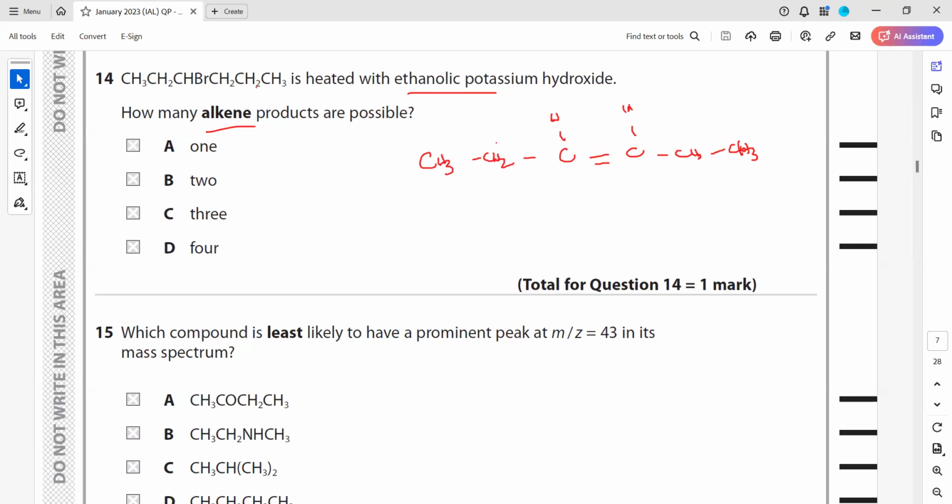This is one possibility, and with this possibility, 1, 2, 3, 4, 5, this is hex-3-ene. But for this hex-3-ene, what are the two possible products? It will be cis, or you can also say Z-hex-3-ene, or it will be trans, or E-hex-3-ene, because it will form two geometrical isomers. Another thing, what might happen when they break the bond? Maybe the bond breaks between these two. Instead of here, the bond might break between these two.